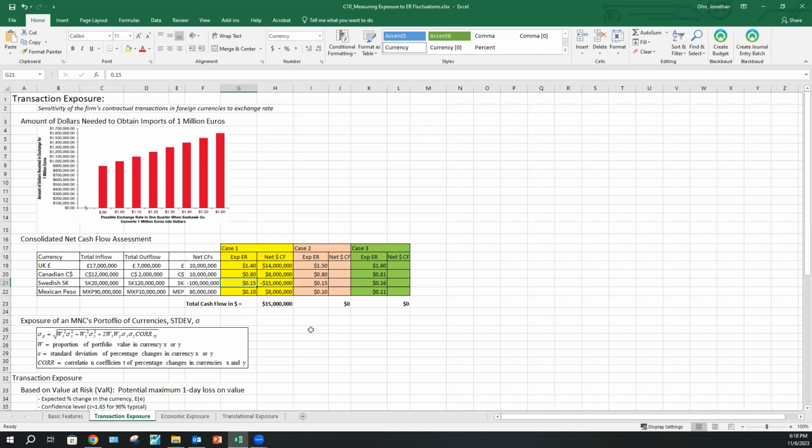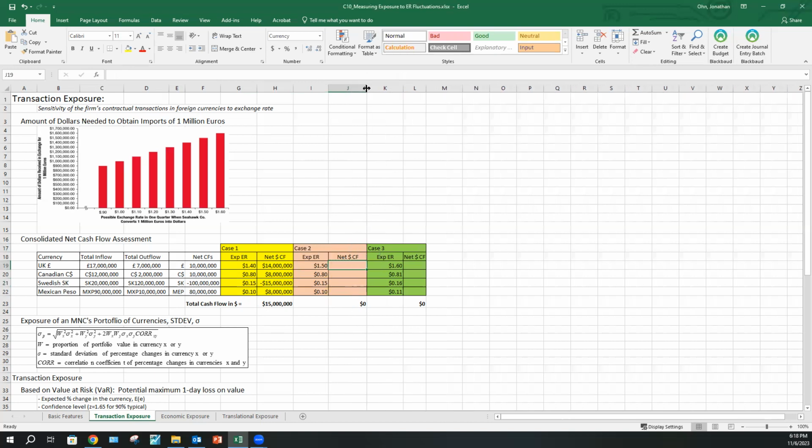All right, so let's calculate the second case. Let's do the same thing there. So 10 million British pound times, this time, $1.50. This one is 10 million Canadian dollar and 80 cents.